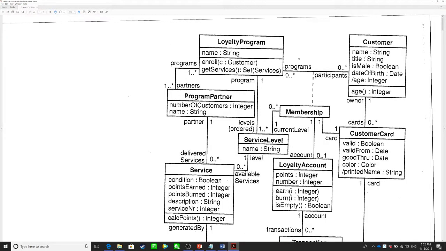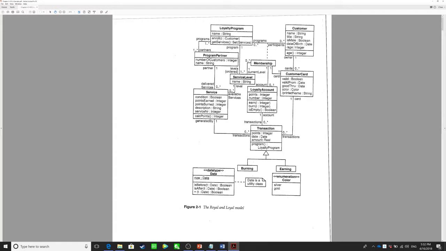Okay, this is much better. Can you read the words?